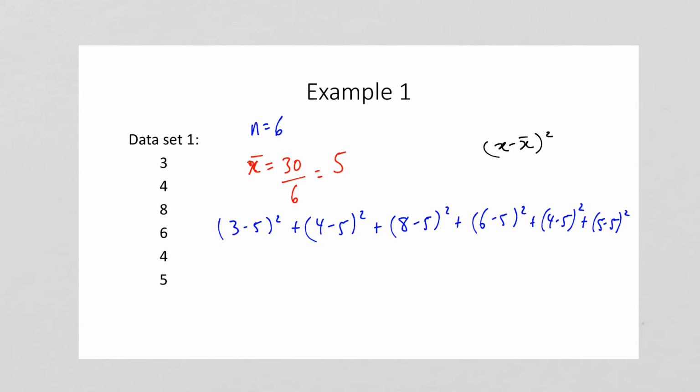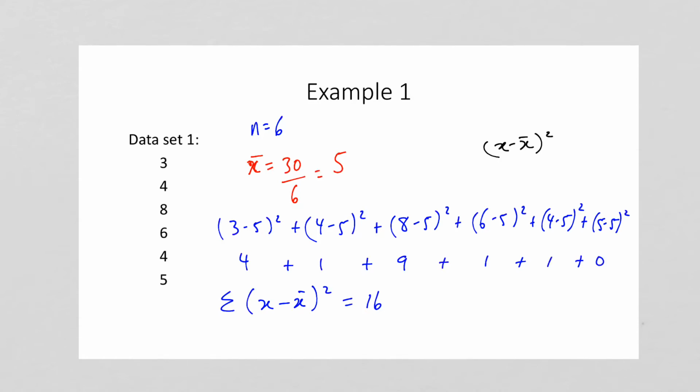I'm going to end up with 3 take away 5 is minus 2 squared is 4, plus 4 take away 5 is minus 1 squared is 1, plus 8 take away 5 squared is 3, which is going to be 9, then 1, then 1, then 0. So my value of sum of x take away mean squared is going to be 4 plus 1 plus 9 plus 1 plus 1, which is 16.